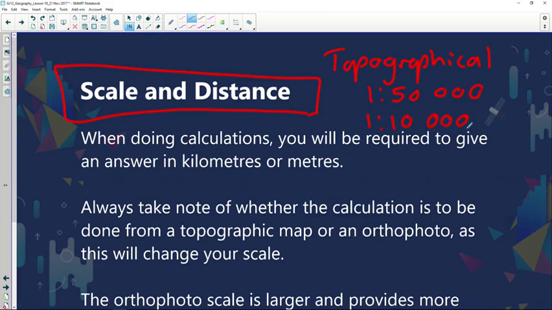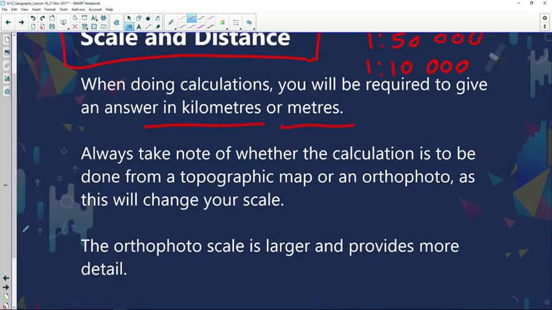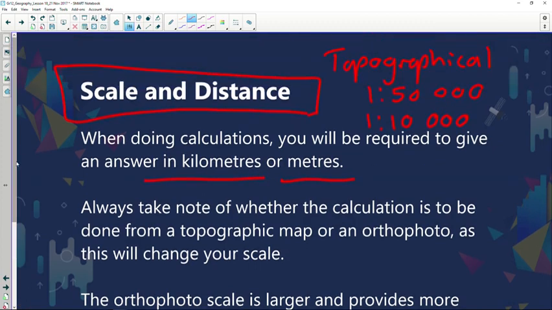Because of the scale, we can calculate distance on a topographical map as well as an orthophoto map. Now, when we do these calculations in South Africa to measure distance, we use kilometers and meters. We use a formula to calculate the answer in kilometers and to calculate the answer in meters. But keep in mind they are going to be different depending on which map we are going to use.